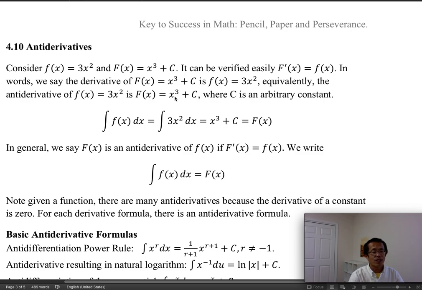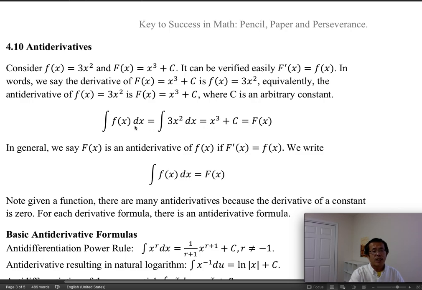And in writing, we write the antiderivative of this lowercase f with dx in the end, or specifically, the antiderivative of 3x squared dx is x cubed plus an arbitrary constant, or simply the uppercase F.